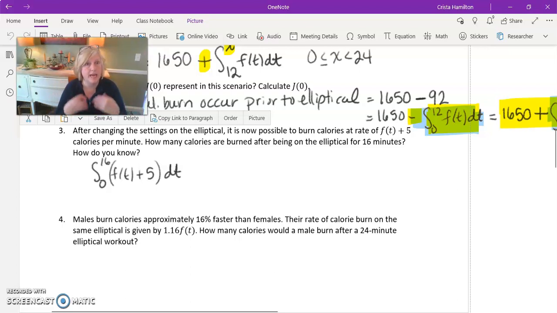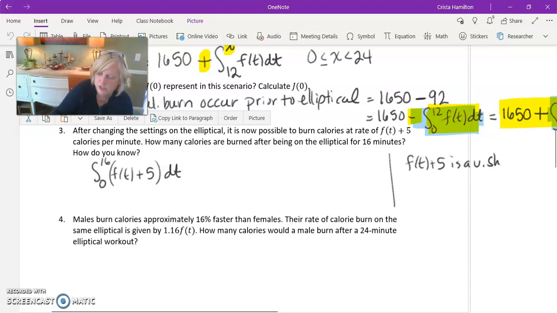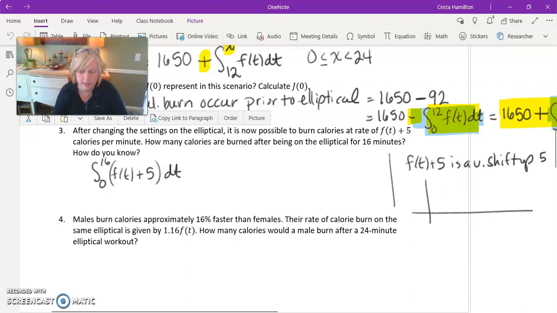If I am taking f of t and I add 5 to it, I'm just going to put this over here on the side. f of t plus 5 is a vertical shift up of 5. So the graph that we had above, we basically are just going to shift it up 5.